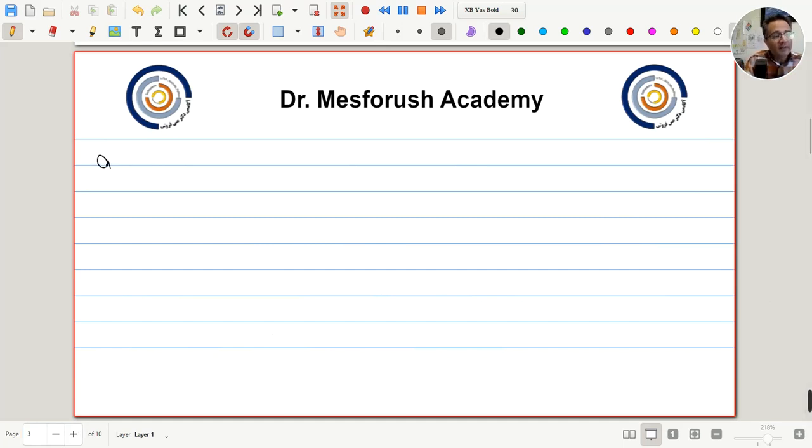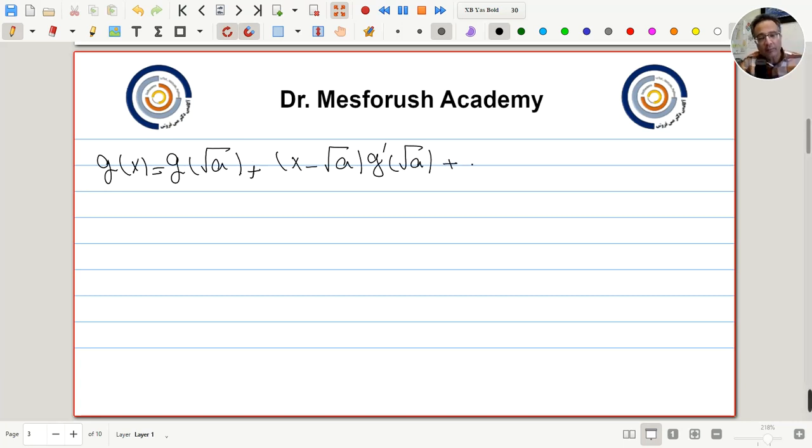So we get g of x equal to g of square root of a plus (x minus square root of a) times g prime of square root of a plus (x minus square root of a) squared over 2 times g double prime of square root of a. Just 3 terms, in fact, is enough.